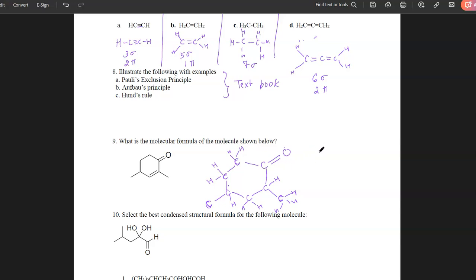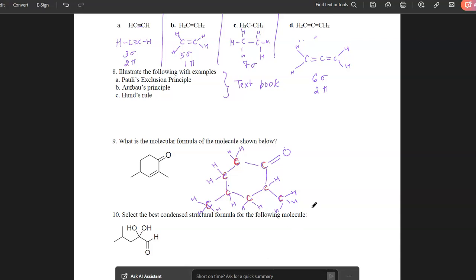So if you check the number of carbon atoms, we have 8 carbons. See, 1, 4, 5, 6, 7, and 8. Oh, actually I forgot to draw the hydrogens here. Remember, every carbon atom's valence is to be fulfilled by hydrogen.